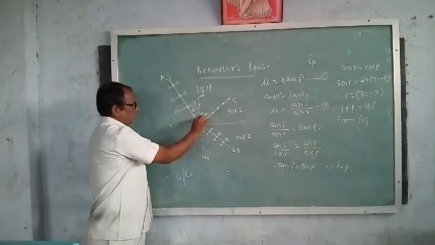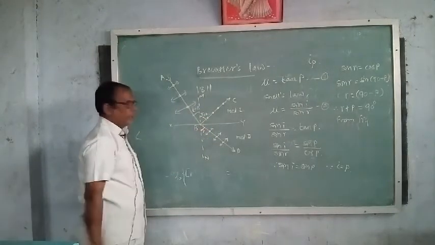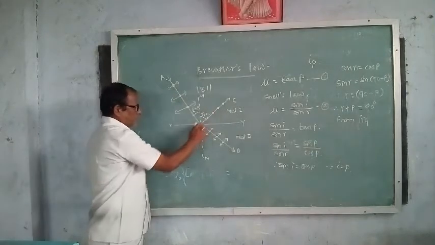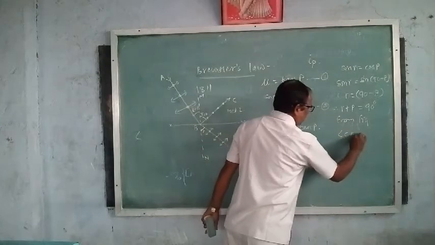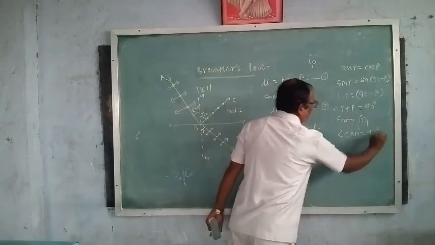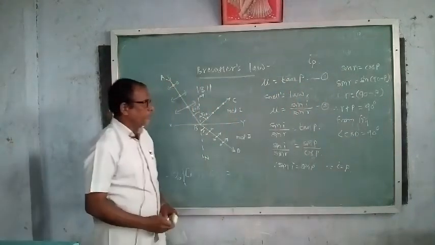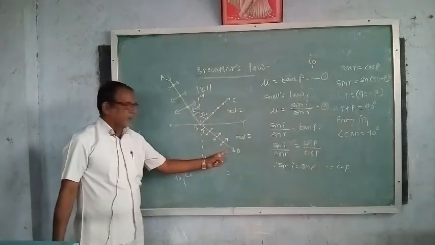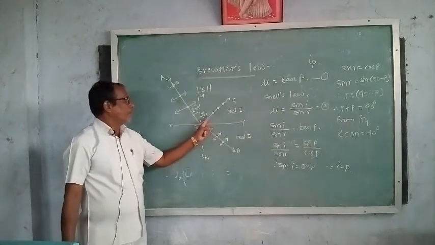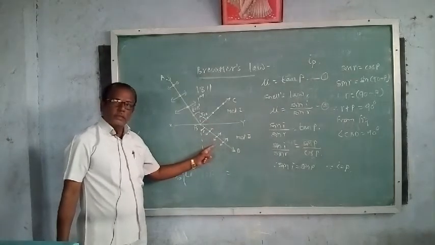We have proved this angle plus this angle is equal to 90. Therefore, the remaining angle CBD must be equal to 90 degrees, which means that this reflected ray and refracted ray are perpendicular to each other.